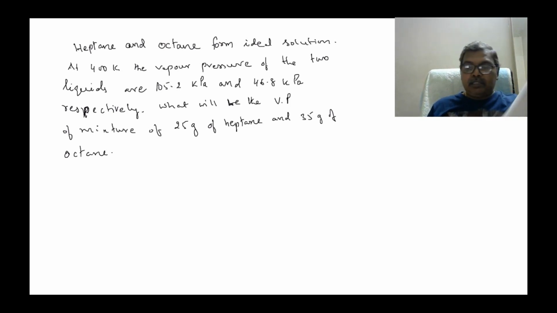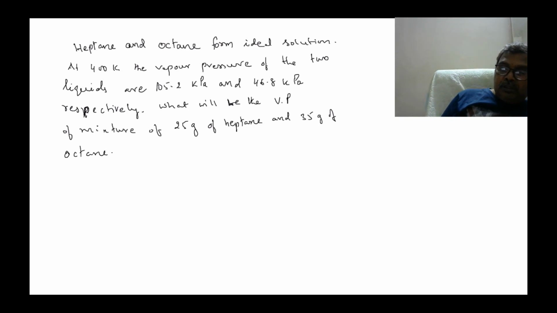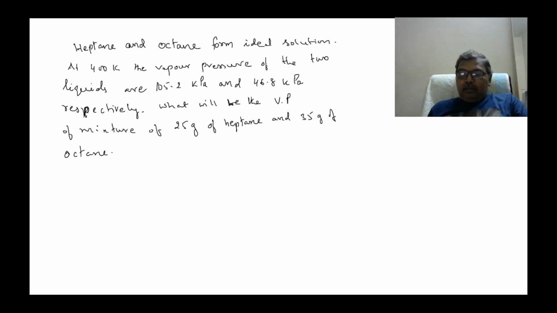So we have to assume heptane and octane mixture form an ideal solution. The vapor pressures of the two liquids are given. So heptane vapor pressure is 105.2 kilopascal and octane 46.8 kilopascal. What will be the vapor pressure of a mixture of 25 grams of heptane and 35 grams of octane?